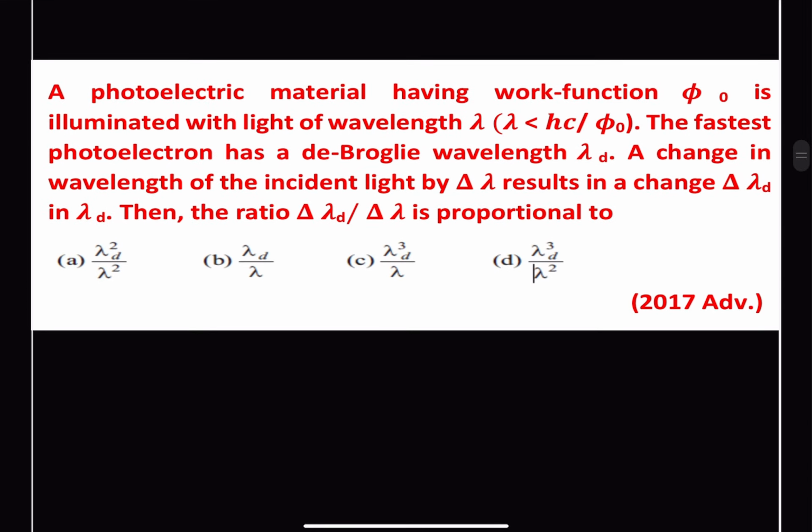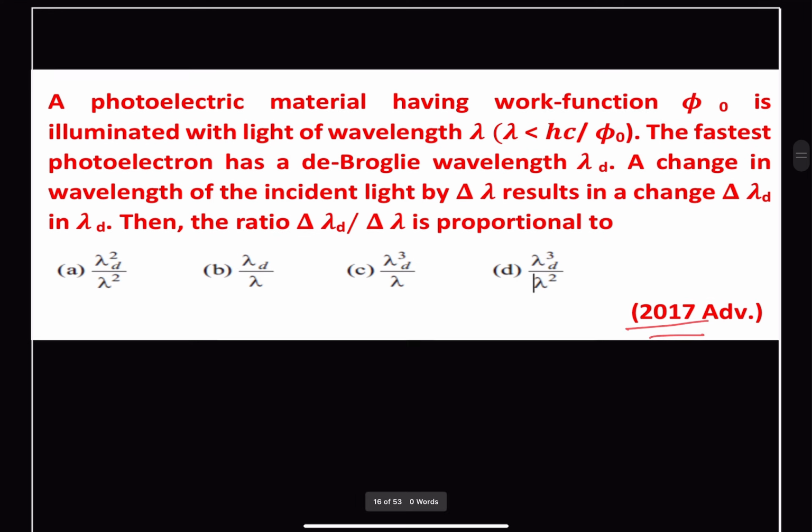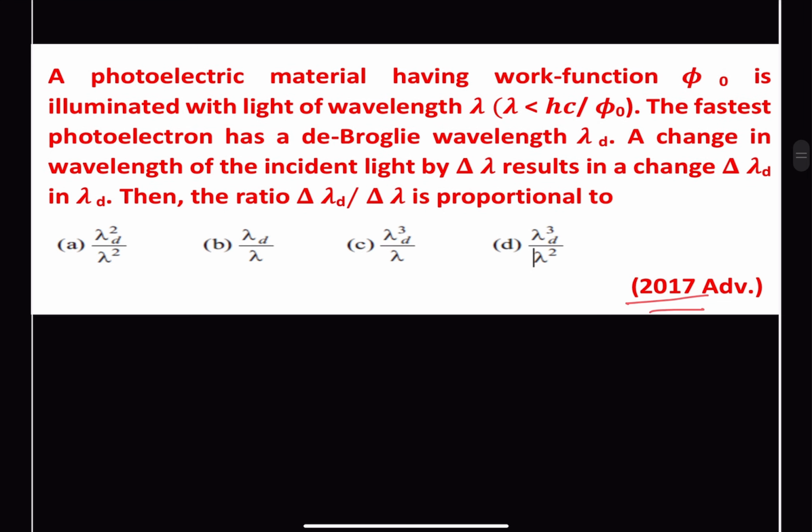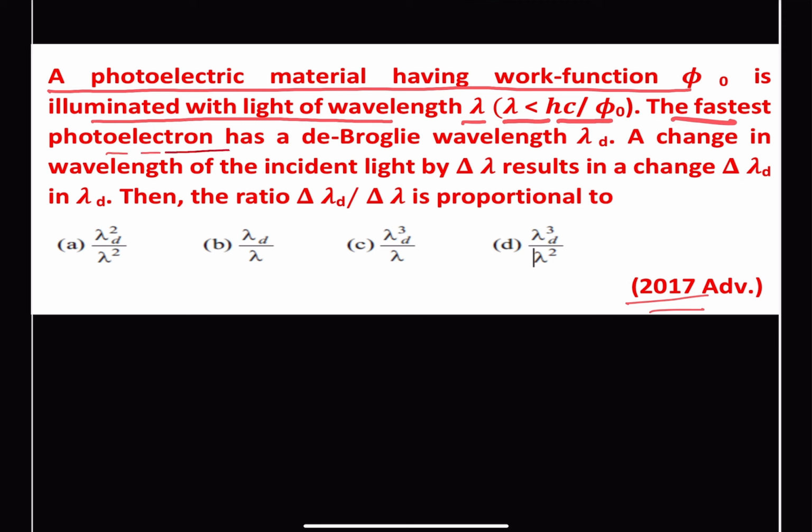It was asked in the 2017 Advanced, and it states that a photoelectric material having work function phi naught is illuminated by light of wavelength lambda, where lambda is less than hc upon phi naught. The fastest photoelectron has a de Broglie wavelength lambda d. A change in the wavelength of the incident light by delta lambda results in a change delta lambda d.